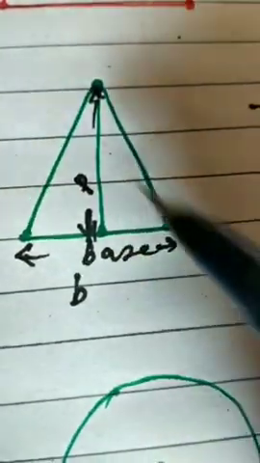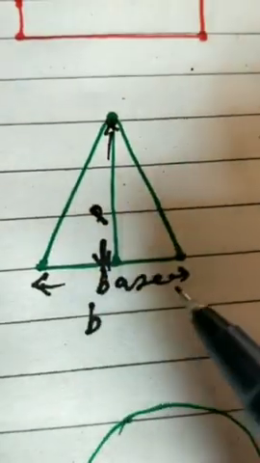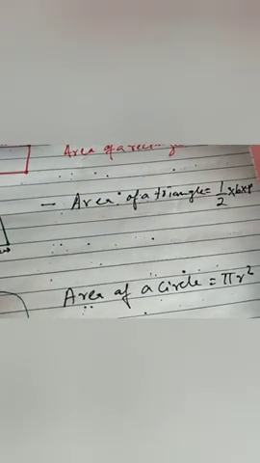For the area of a triangle, we need to find the length of the base, and take half of base into perpendicular. So you measure the base, draw the perpendicular, take the product of these two and then reduce it to half, and we get the area of a triangle.